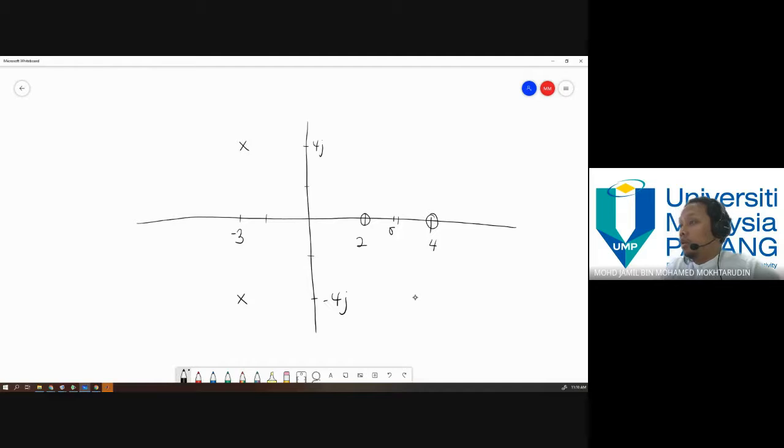So your root locus should be, okay, its JW axis just now is near here, somewhere at 4.06.